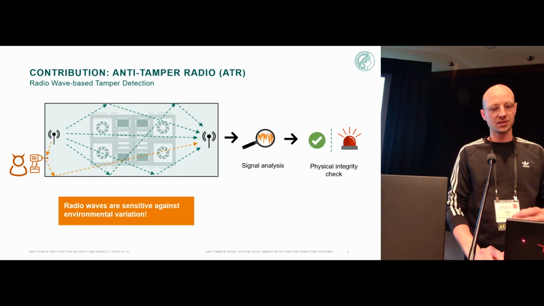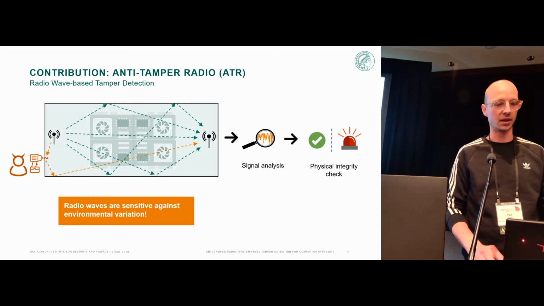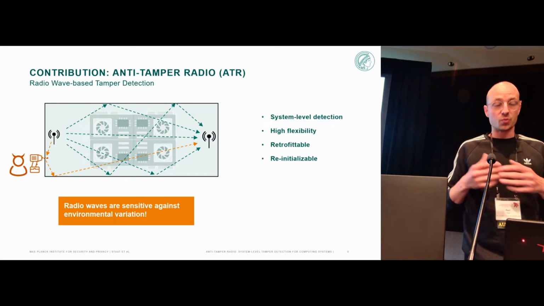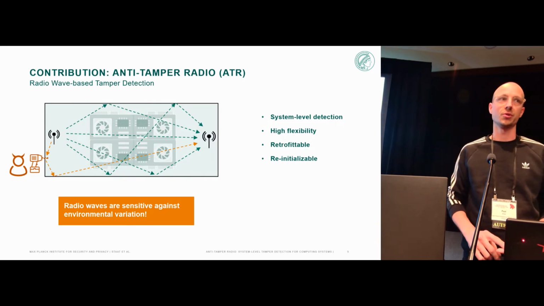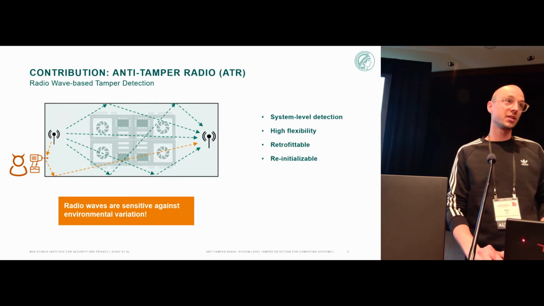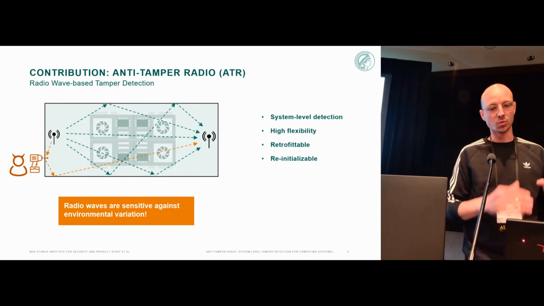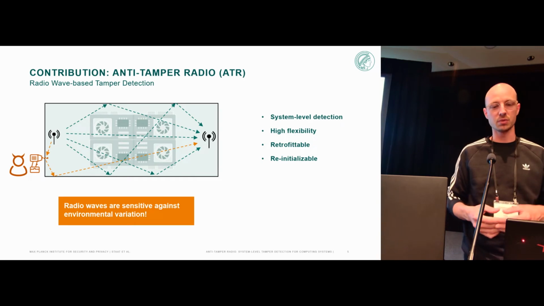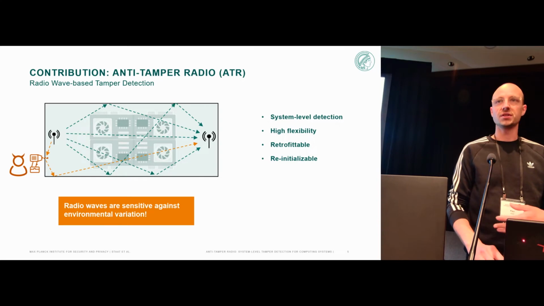By analyzing the received signals, we can check the environment's physical integrity to trigger the tamper response. This wireless approach enables system-level detection even within complex geometries. Thus the approach we pursue here is very flexible and sometimes can even be retrofitted to existing devices. Moreover, because the detection mechanism is not based on damaging a security boundary, it is even reinitializable.